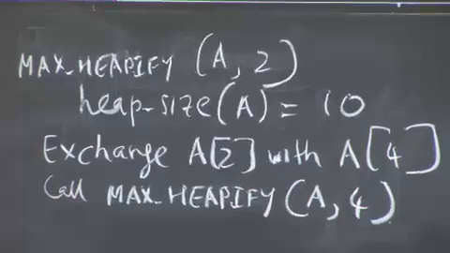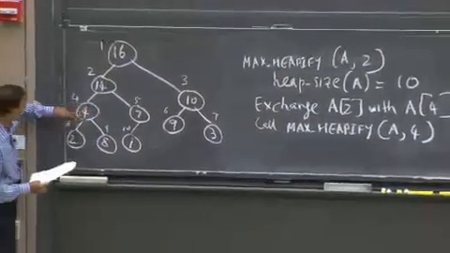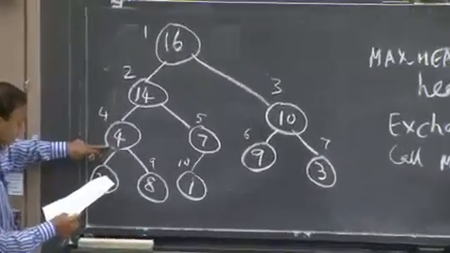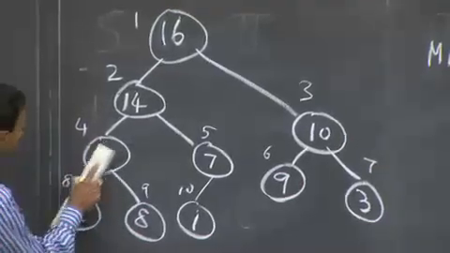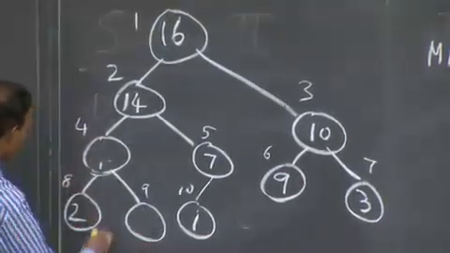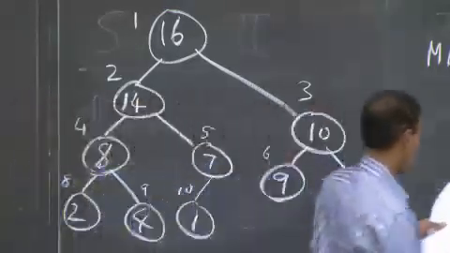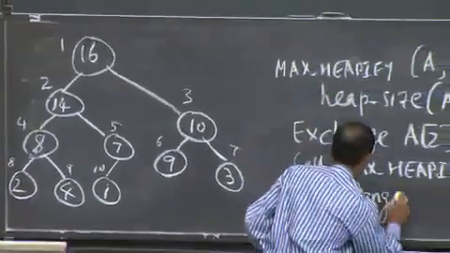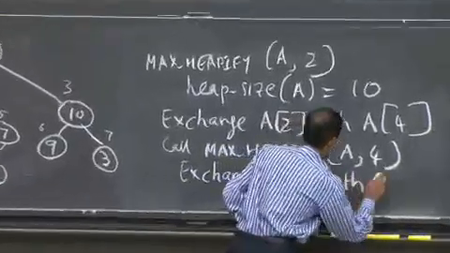And when that call happens, you're going to look at the two children corresponding to this little subtree there, and you're going to do the exchange. You're going to have 8 here and 4 here. So you would exchange A4 with A8.